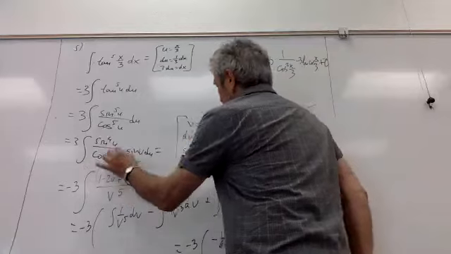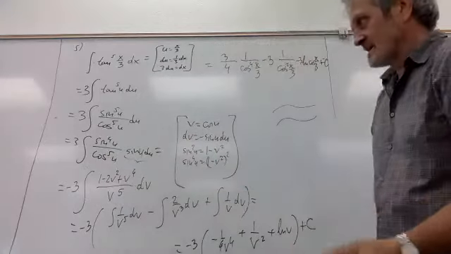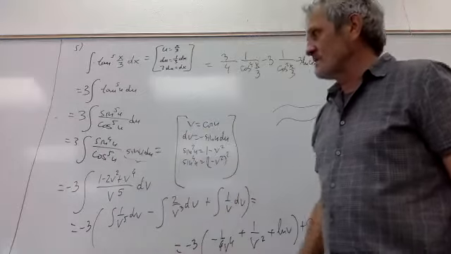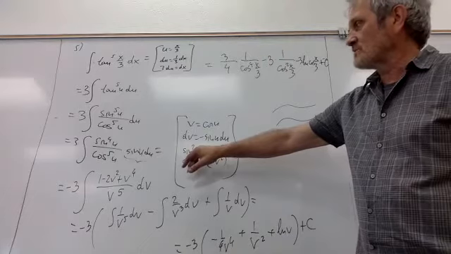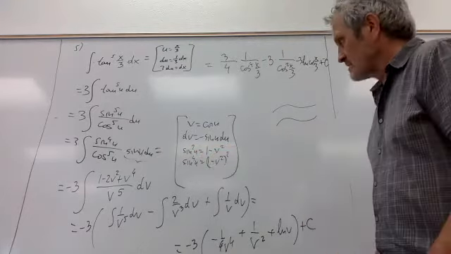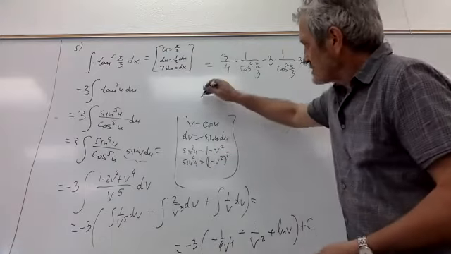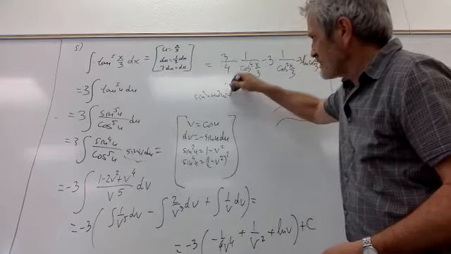And then the denominator is cosine to the 5th, and that's exactly my v to the 5th. But the best thing is, since sine to the 4th was an even power, here's what I was able to do. Sine squared plus cosine squared is 1. So I know that sine squared of u plus cosine squared of u is 1.